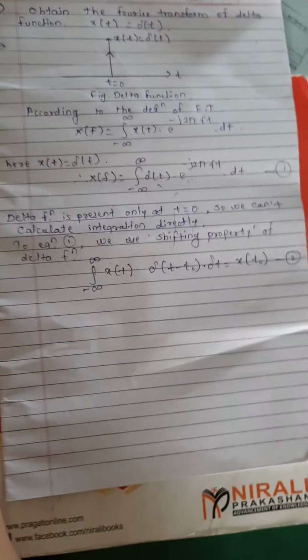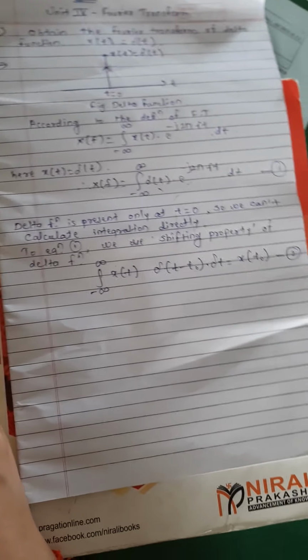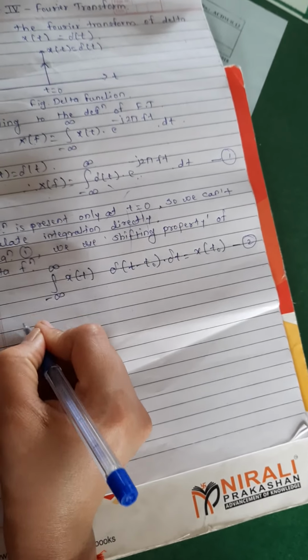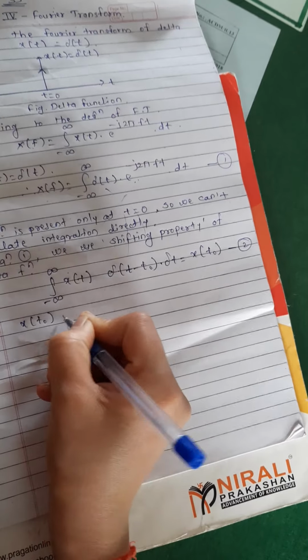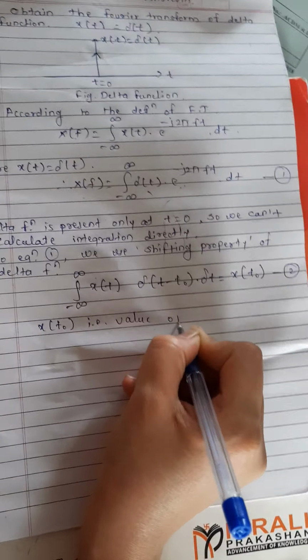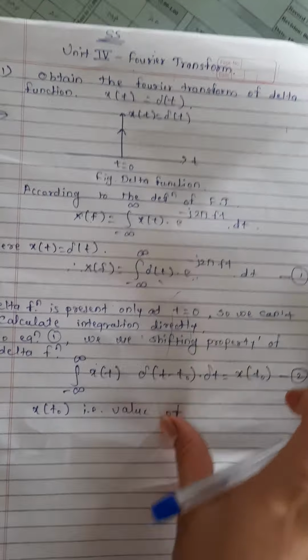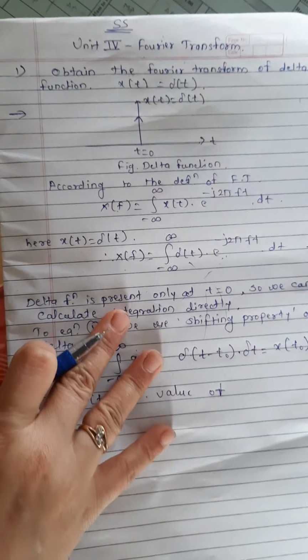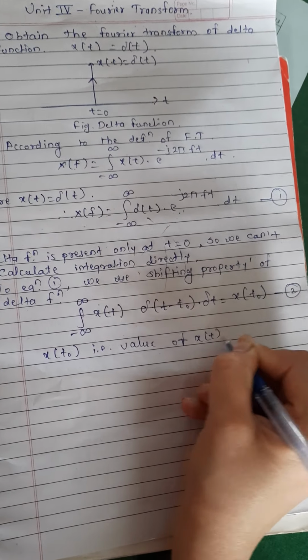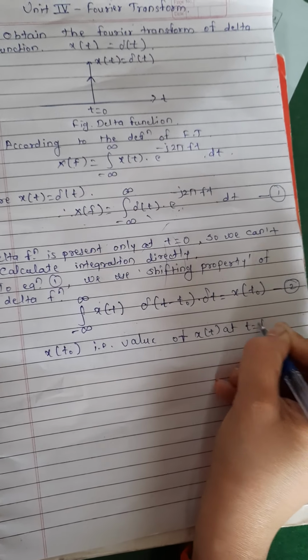So here x of t0 means the value of x of t at t equal to t0. We write here x of t0, that is, the value of x of t at t equal to t0.